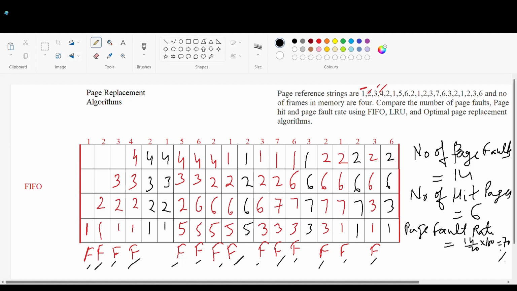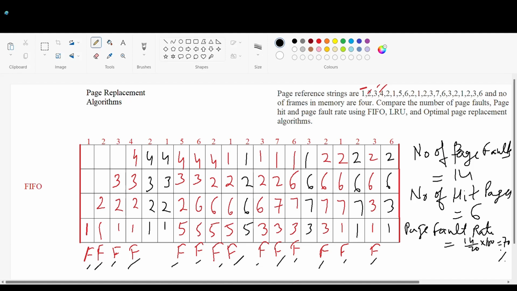So 6, 3, 2, and 7. This is a page fault. Now 6 is already there, so no need to change. 6, 3, 2, and 7. 3 is already there, so 6, 3, 2, and 7. 1. 2 is already there, so 6, 3, 2, and 7.